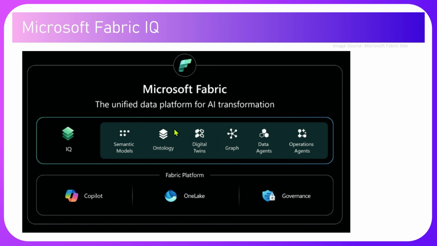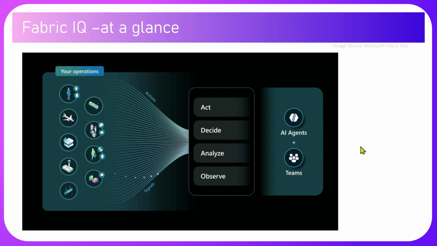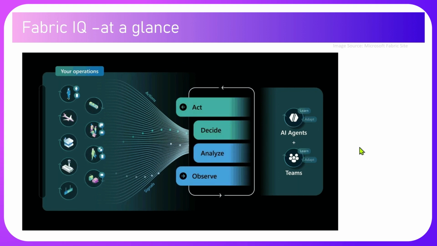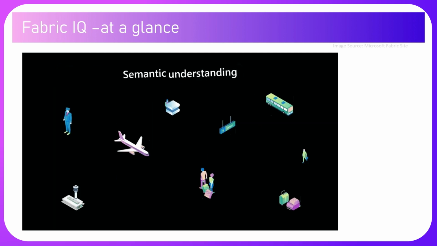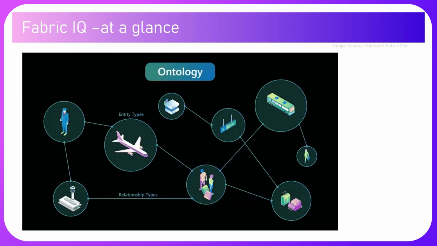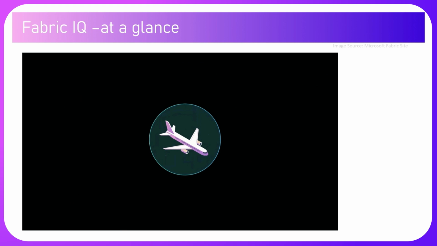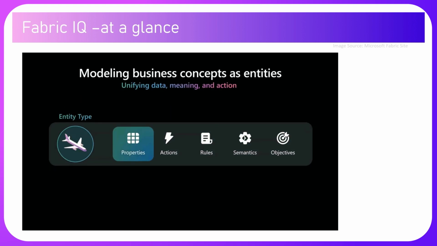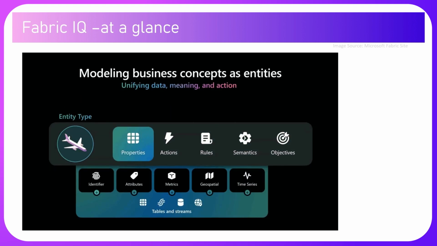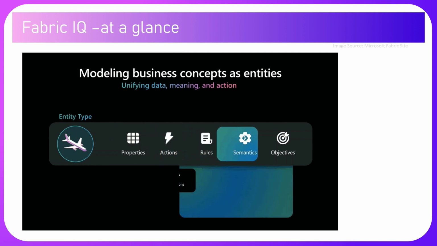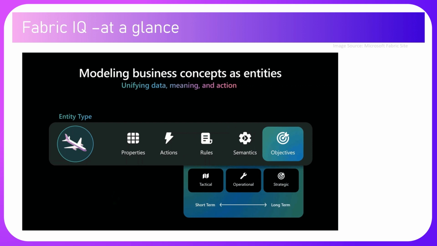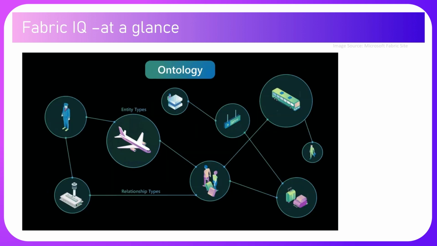I'll go through each and every item in the next slide. But before that, have a look at the slide over here. Observe, analyze, act, and decide. So you have AI agents and teams. You have an entity type, say a flight, and take for example there is data. The data has properties, actions, rules, semantics, and an objective around it.